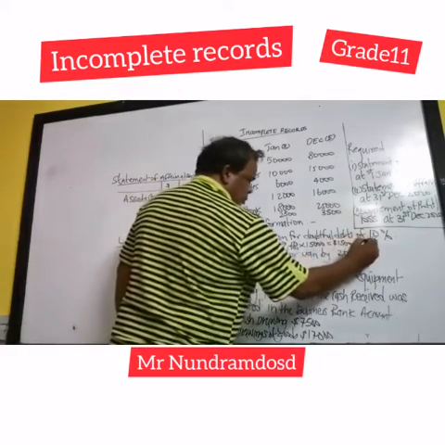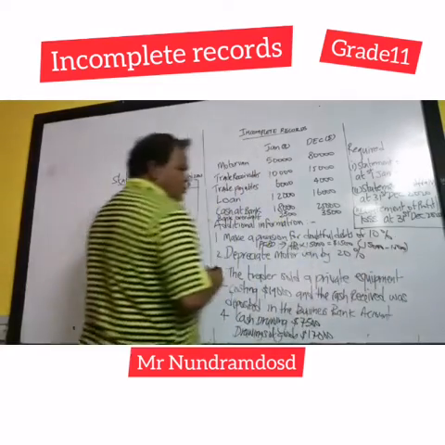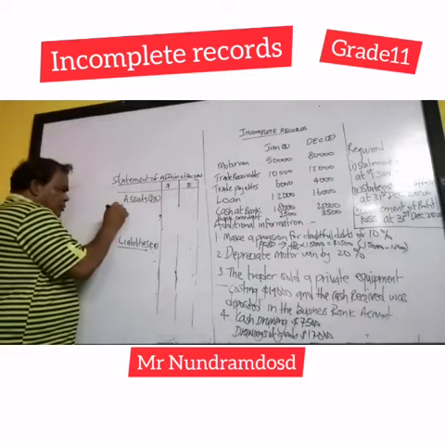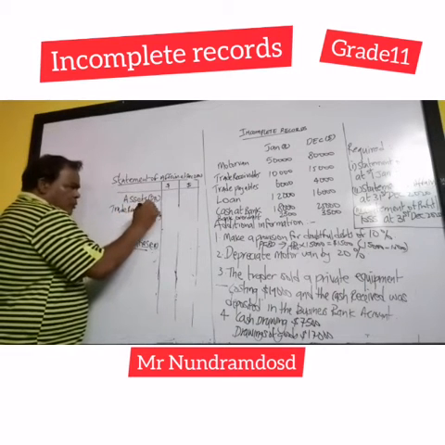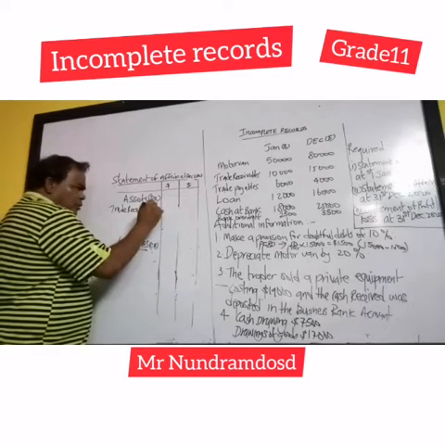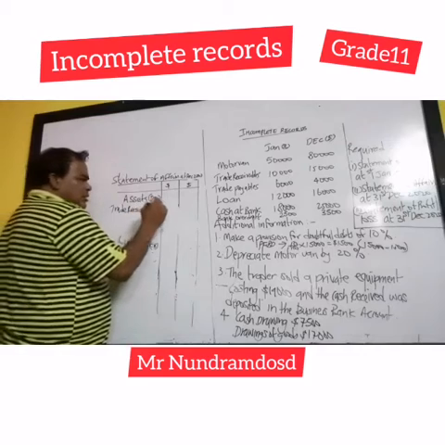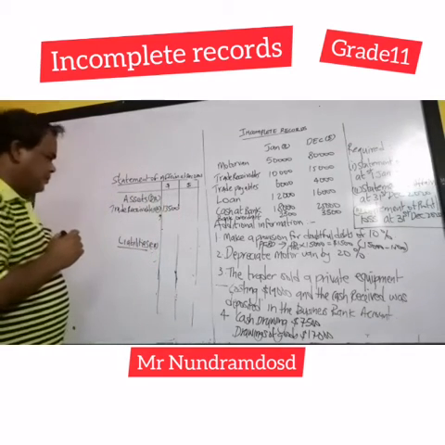Therefore, we have 15,000 less 1,500. Here we have to put trade receivable, meaning the workings given. We have already done the first working. That gives us 13,500.